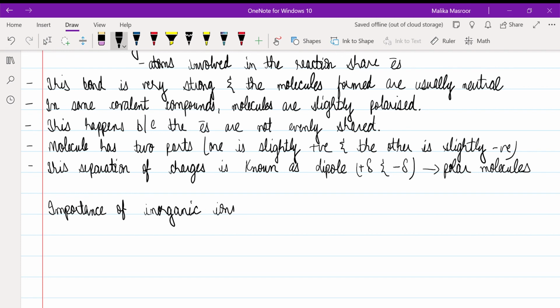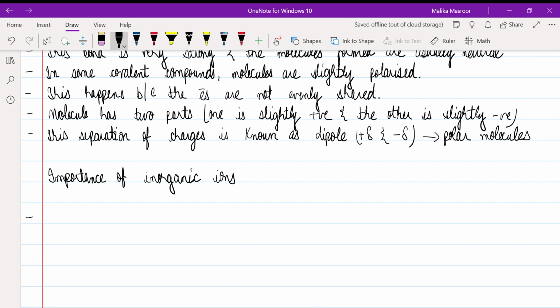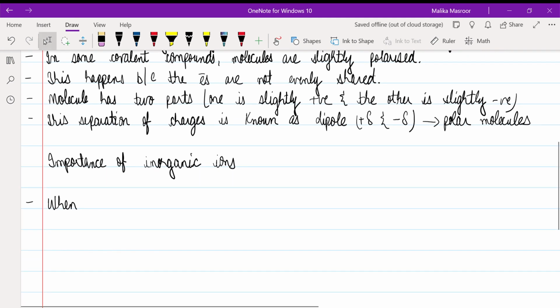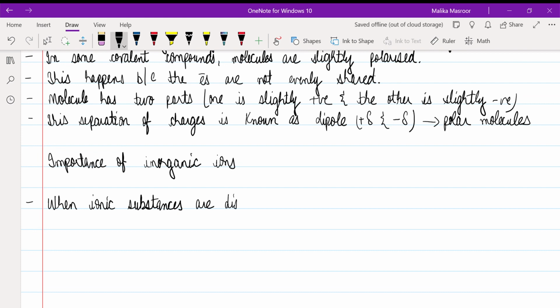Inorganic ions. So when any ionic substance dissolves in water, what do you think happens? They dissociate, right, into a positive and a negative ion. So that process is known as your dissociation. So when ionic substances dissolve in water, the ions separate in a process known as dissociation.